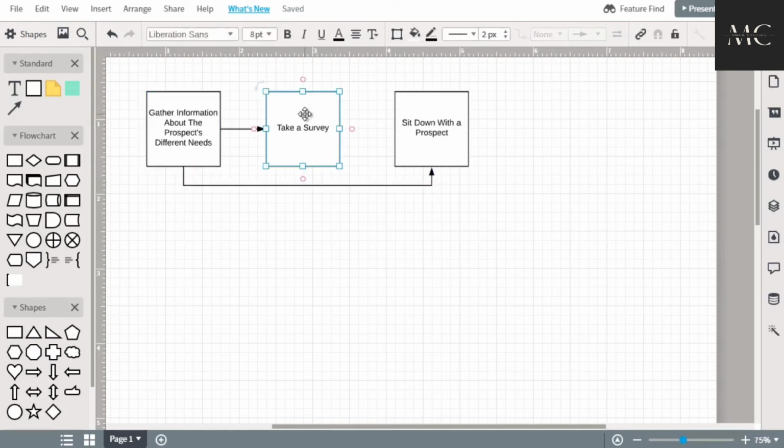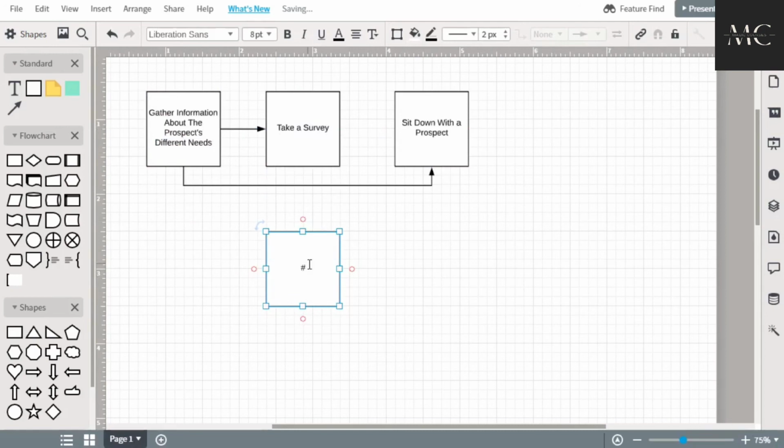Option one, take a survey, and option two, sit down with a prospect. Once we've talked to several prospects and you've gathered enough data for your survey and you're ready to go, and you've compiled a list of different needs like what we talked about earlier, then we can move on to the actual funnel. So by this point, we should have enough data.